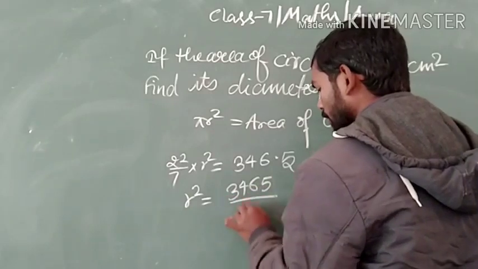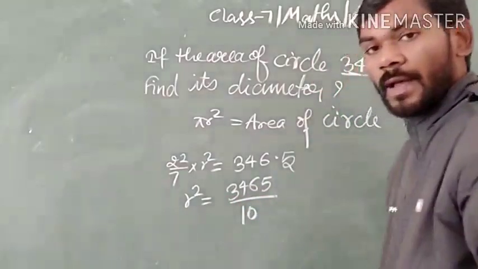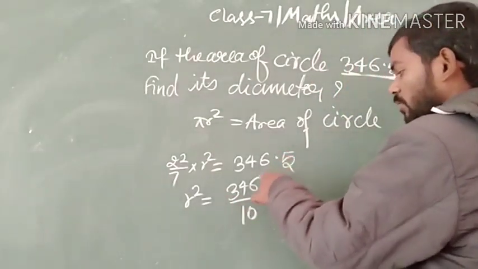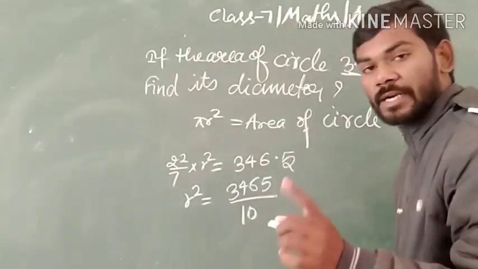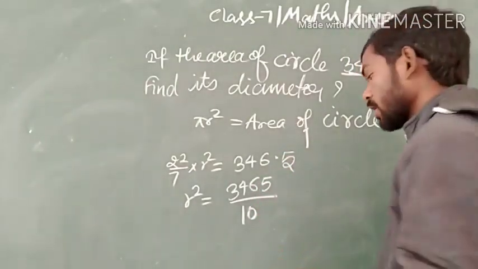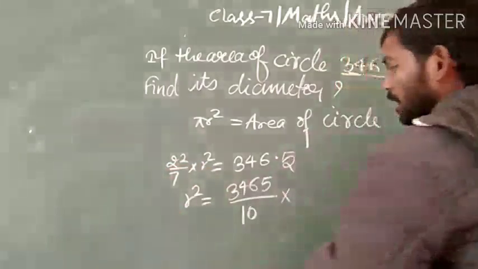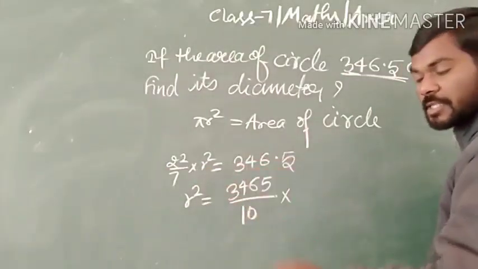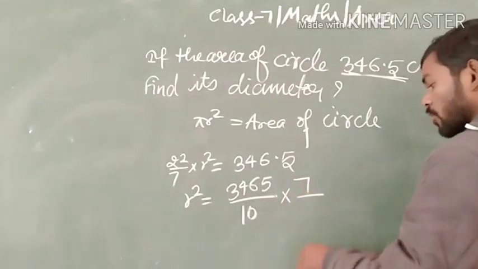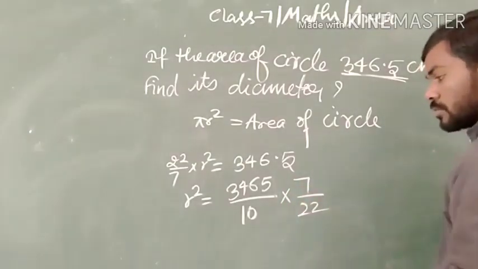Now we solve, we get r square is equal to 3465 upon 10, because here I removed the decimal by multiplying this and dividing by 10, multiplied by, when we transfer 22 upon 7 to the right hand side, we write its reciprocal, that is 7 upon 22.